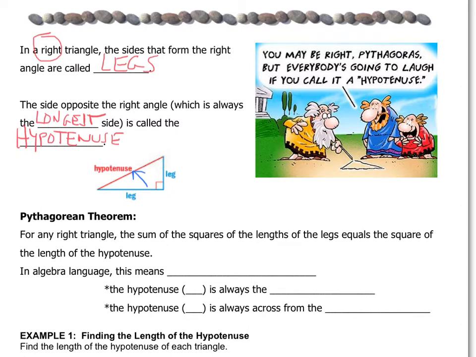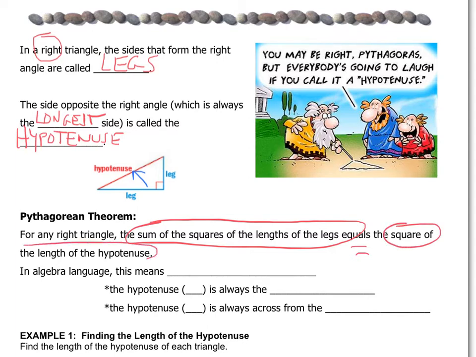The Pythagorean theorem states, for any right triangle, the sum of the squares of the lengths of the legs equals the square of the length of the hypotenuse. So what does that really mean?